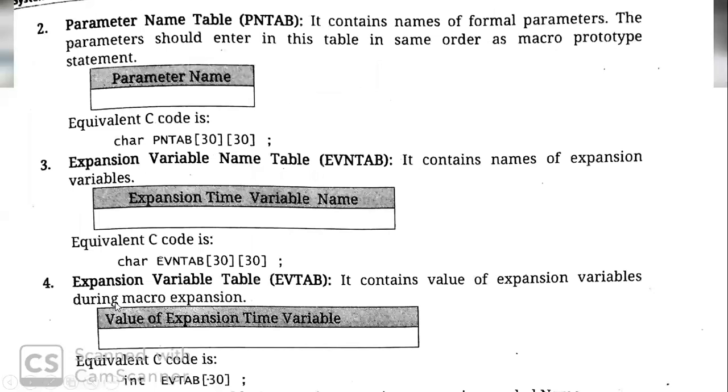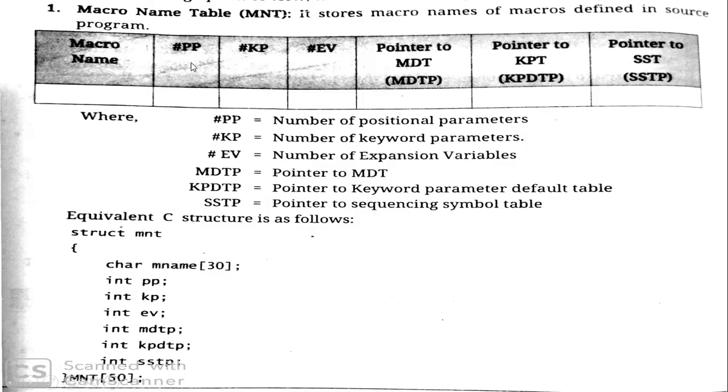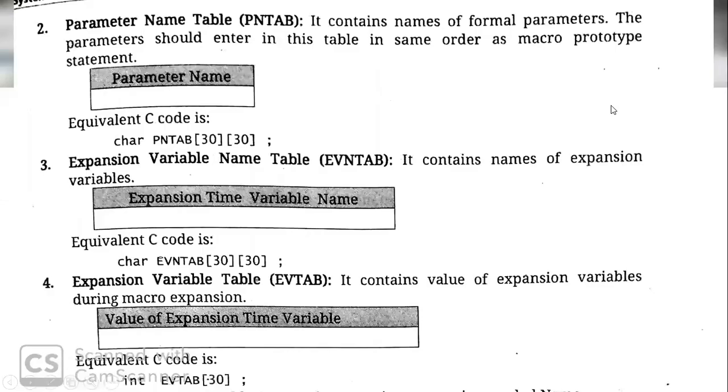Now the next data structure is the parameter name table. In the macro name table we can say there is a pointer to the MDT, a pointer to the KPT, and a pointer to the SST. We also consider all these MDT, KPT, and SST data structures, those tables also. Here the parameter name table contains the names of the parameters. They should be entered in this table in the same order as in the macro prototype statement.